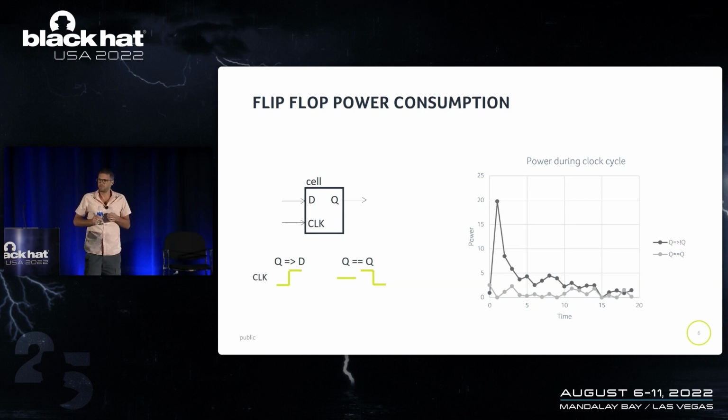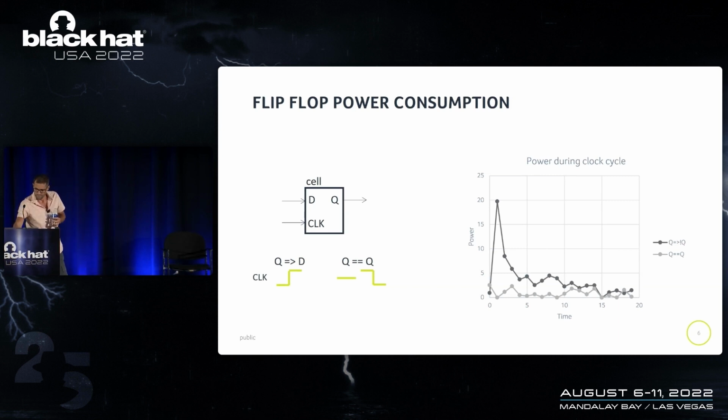The problem I was alluding to is that it actually leaks a bit of information. When the output switches from 0 to 1 or 1 to 0, the power consumption of the flip-flop has a little bit of a spike. Not much, obviously. It's just one cell. But it's more than if it's not switching.